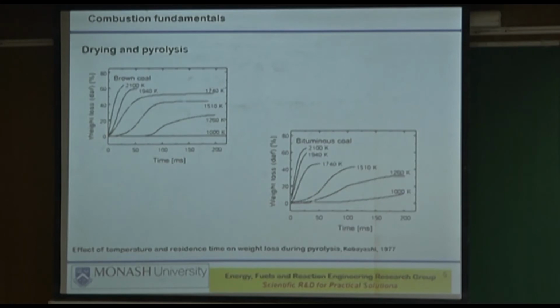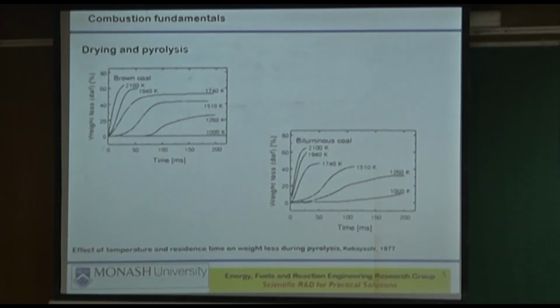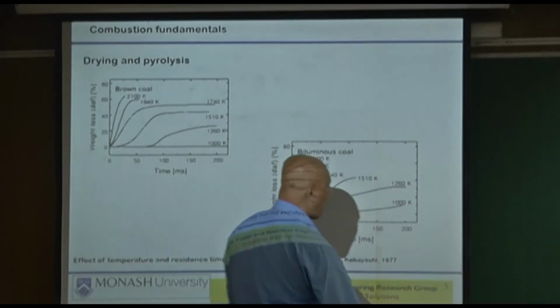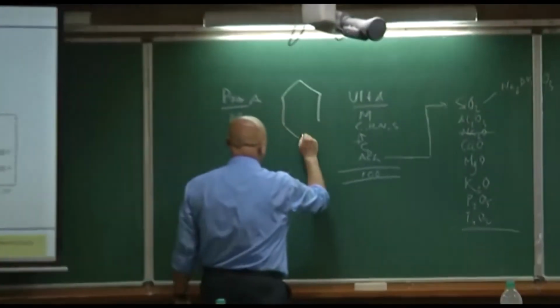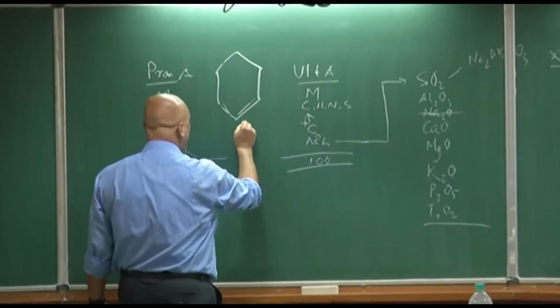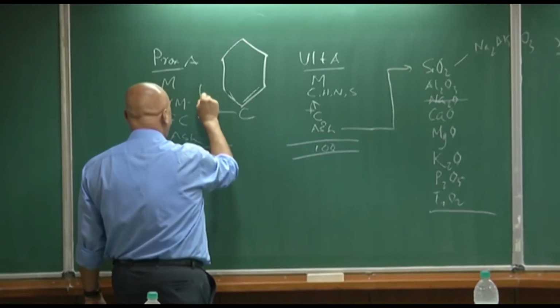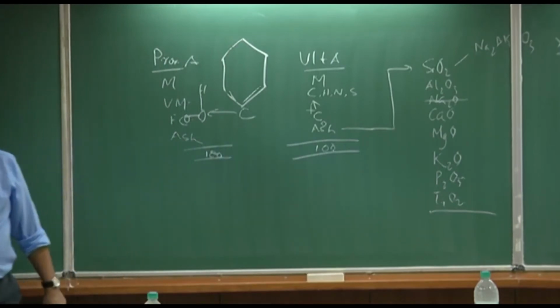The oxygen that is present in the coal is actually not present as elemental oxygen at all. It is present in all these different bonds, C, O, then H, O, so the carboxylic groups.